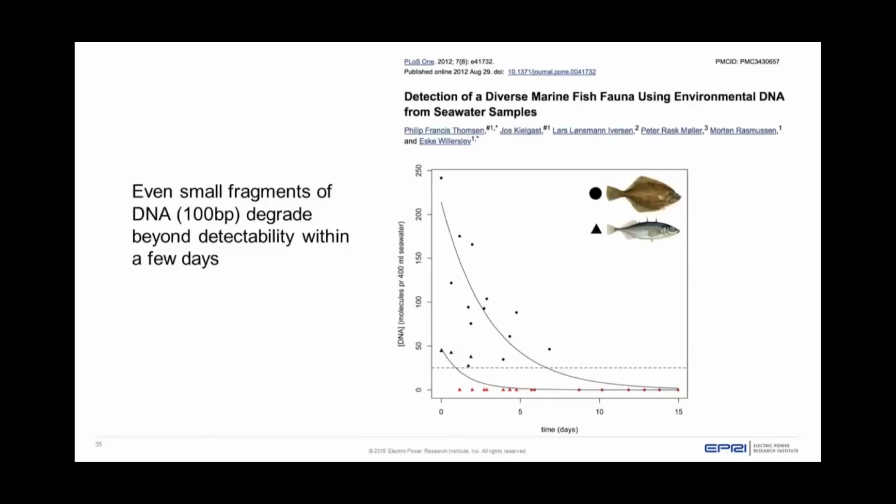Now, it's not quite the same for other samples in soil and things like that. DNA works very differently, but in an aquatic habitat, within just a few days, these small DNA fragments degrade beyond detectability. So in the same way, if you were doing traditional sampling, you could say that organism had been there when you were there. You can also do that with environmental DNA.